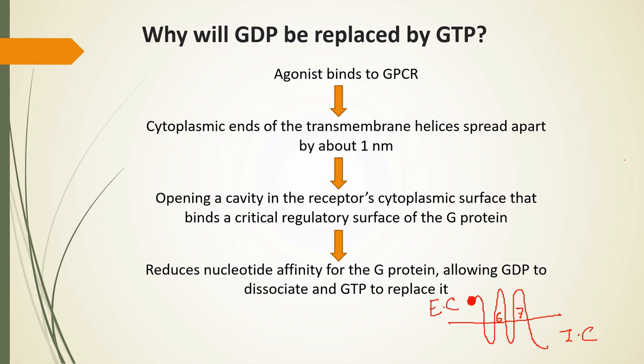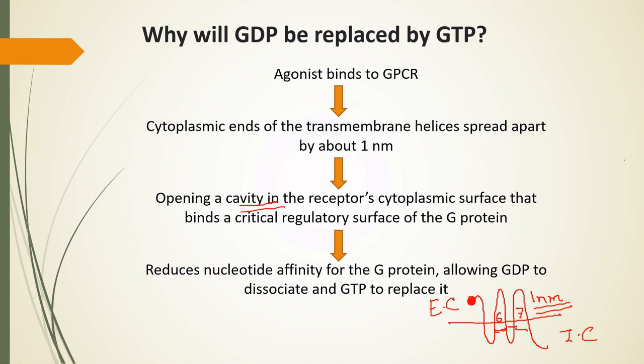So once this agonist is bound, these helical structures are going to separate from each other by a distance of 1 nanometer. If they separate by a distance of 1 nanometer, it is going to open up a cavity in the receptor cytoplasmic surface.